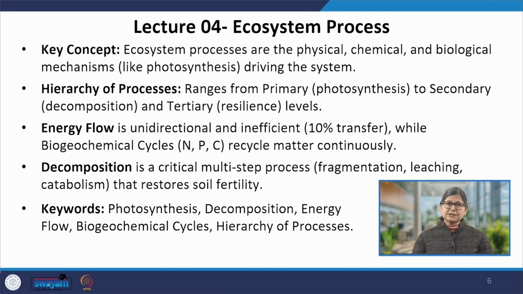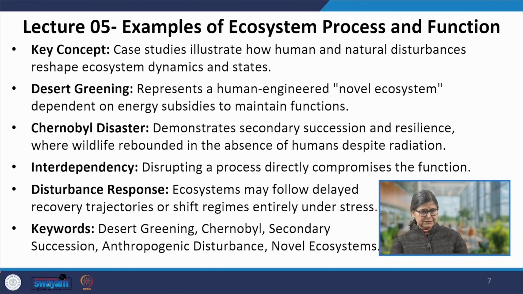Energy flow is unidirectional and inefficient, with 10% transfer, while biogeochemical cycles of nitrogen, phosphorus, and carbon recycle matter continuously. Decomposition is a critical multi-step process: fragmentation, leaching, catabolism, that restores soil fertility. You can go back and go through those diagrams as well. Keywords: photosynthesis, decomposition, energy flow, biogeochemical cycles, and hierarchy of processes.